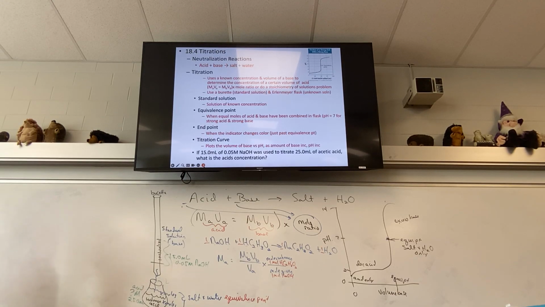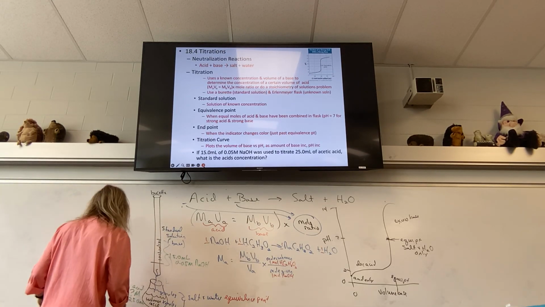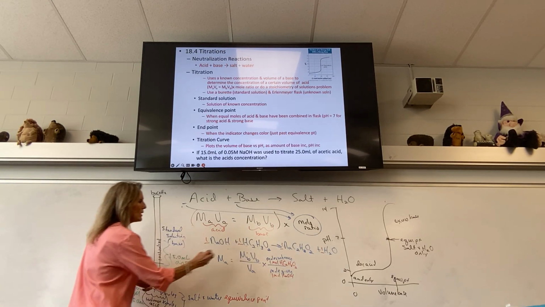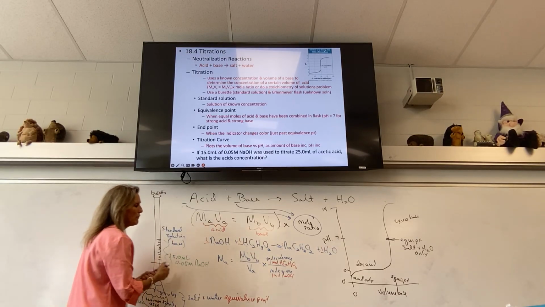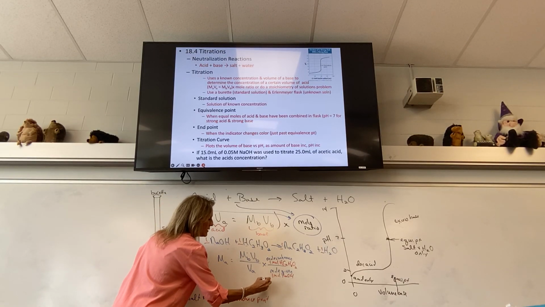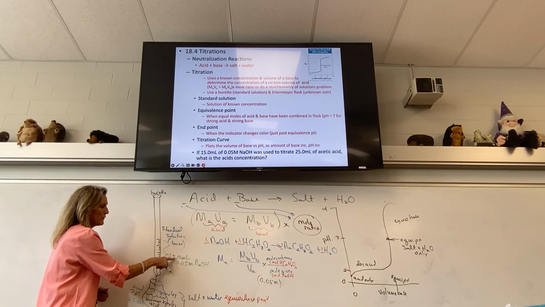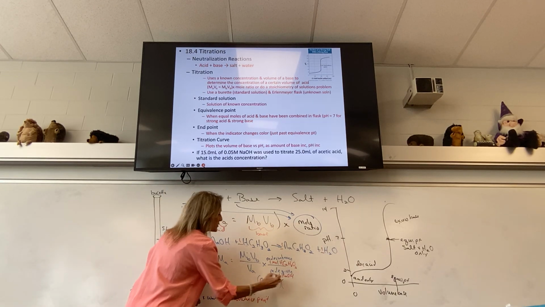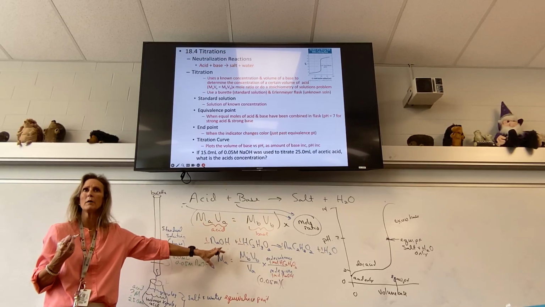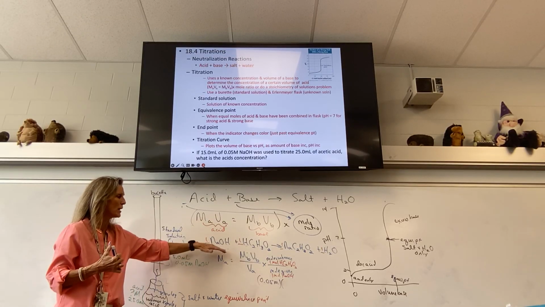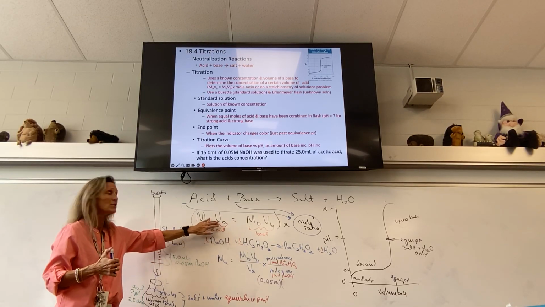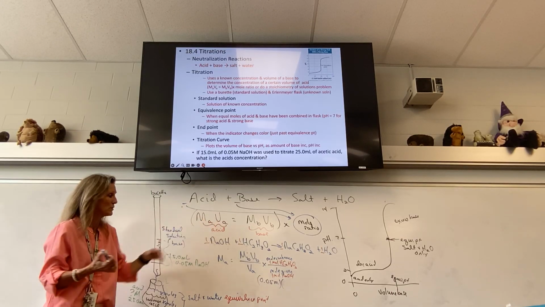So our molarity of our base is 0.05 molar. And it took 15 milliliters. Now just like in our dilution equation we used last chapter, with this one we don't have to change it to liters unless you want to.